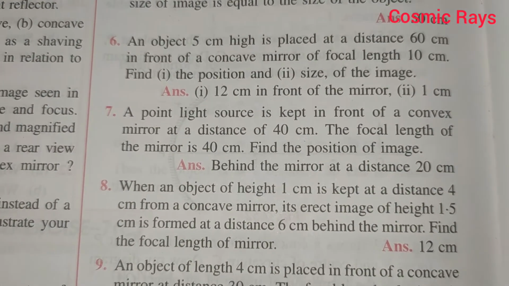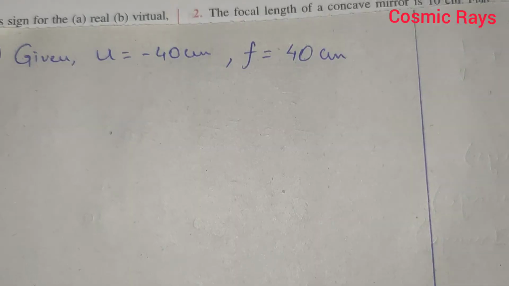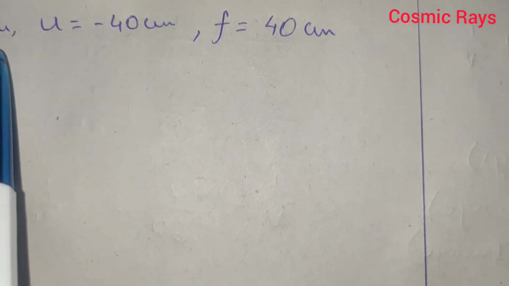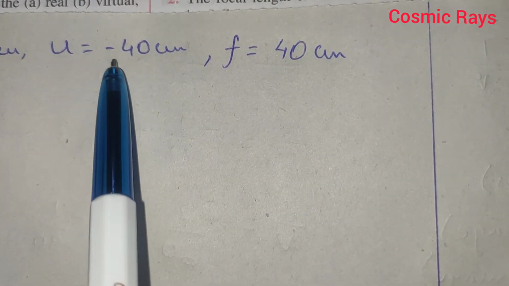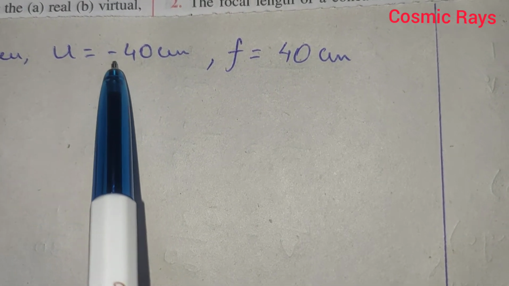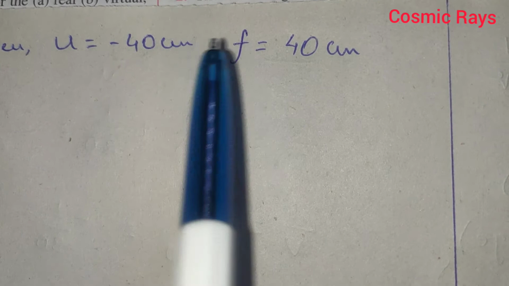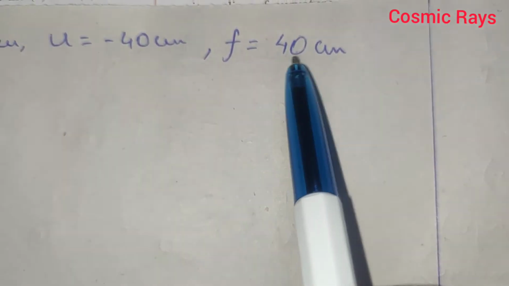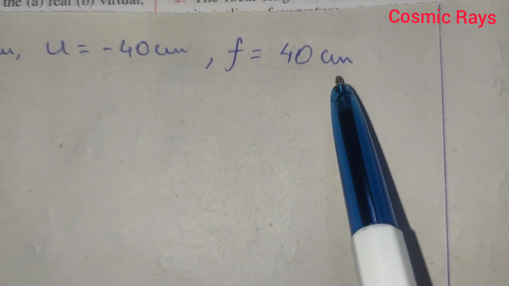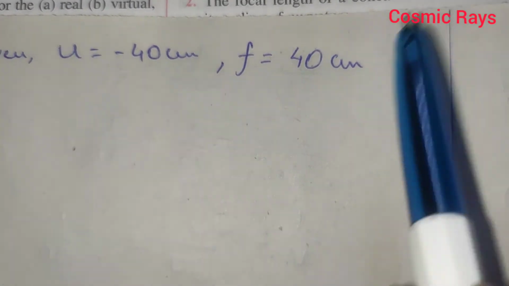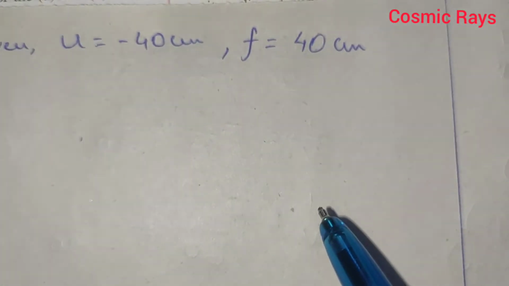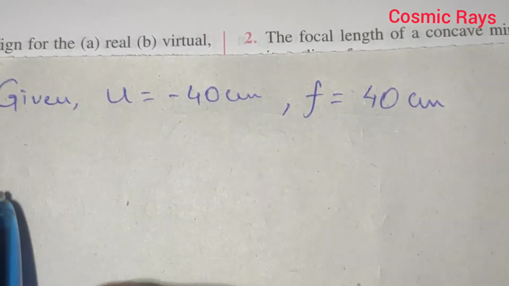So for this, let us write the given things first. The object distance, for convex, is always negative, so u is equal to minus 40 centimeter, and focal length is always positive, so f is equal to 40 centimeter. We have to find v, that is the distance of the image. So we use the mirror formula.